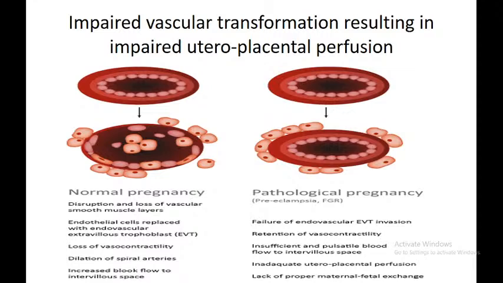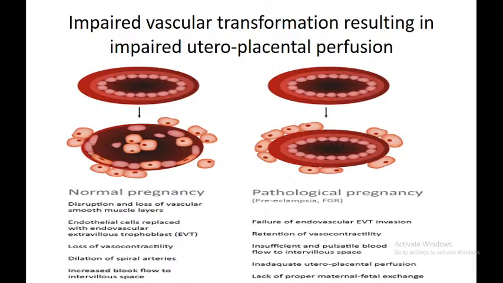This is considered to be normal in pregnancy. This remodeling is essential in pregnancy, and there is loss of vasocontractility, and the spiral arterioles are dilated so that there is increased blood flow to the intervillous space. This is what we usually see in a normal pregnancy.